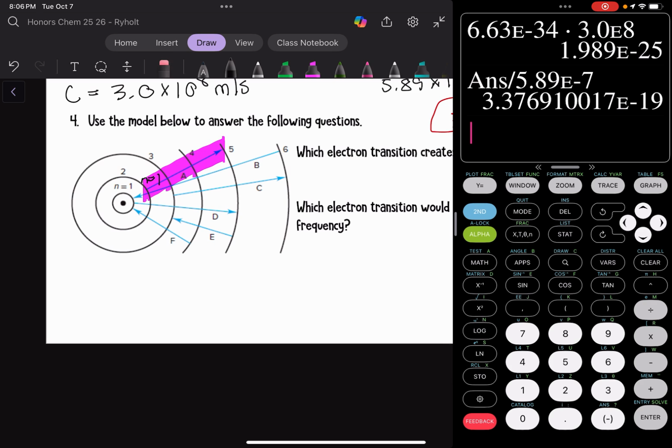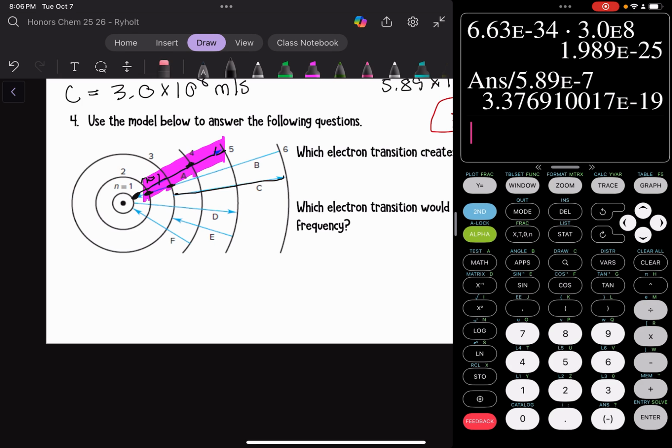Actually, this one here is n equals one down here. Okay, so I'm going from one to two to three to four to five. So that is one, two, three, four jumps. This one here goes one, two, three jumps.